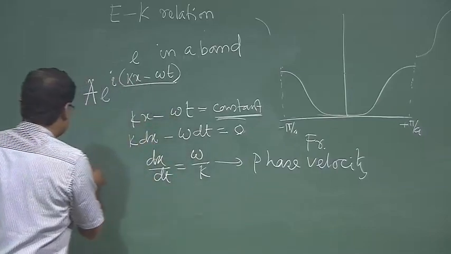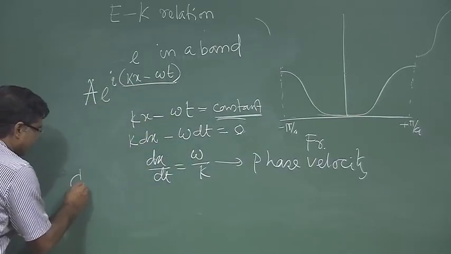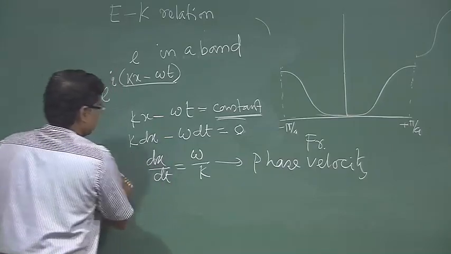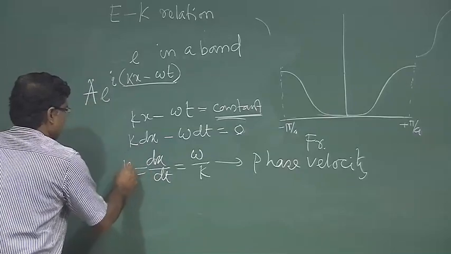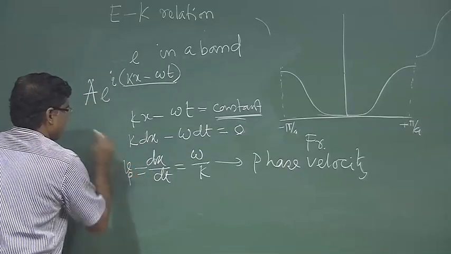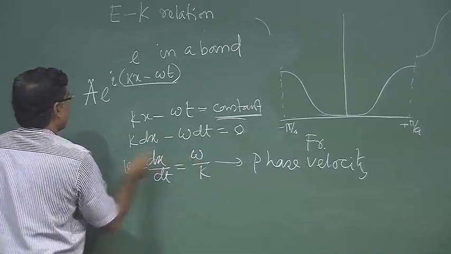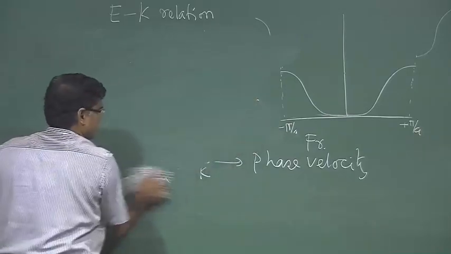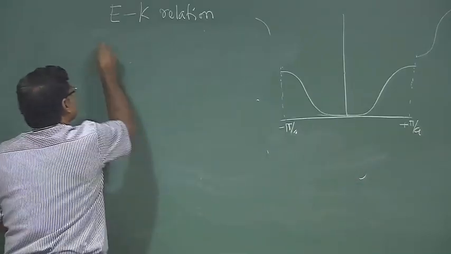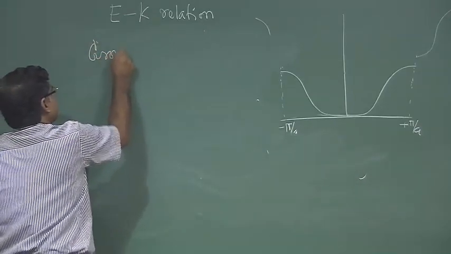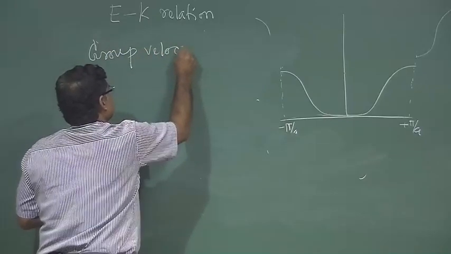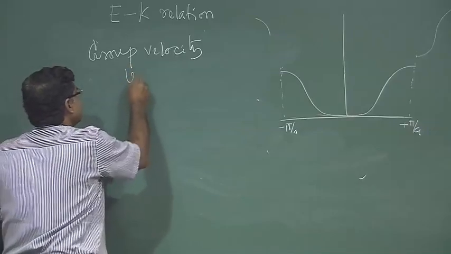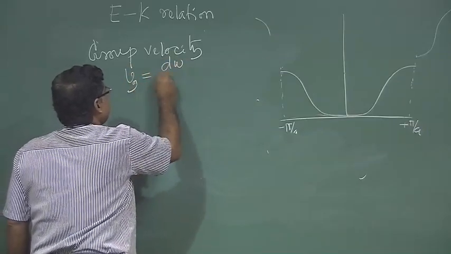So, the phase velocity we write as Vp equal to omega by k, but the group velocity is defined as Vg equal to d omega by dk.